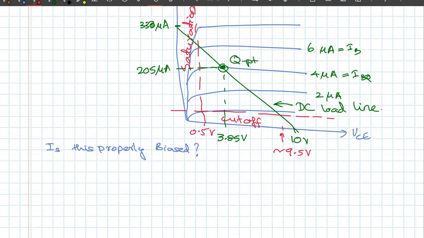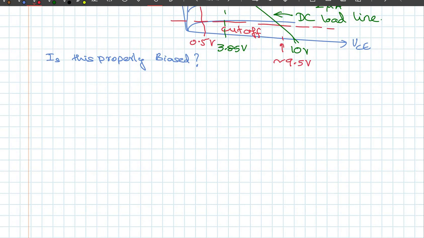Okay, so now let's look at the AC load line for the above circuit. When you are looking at the AC load line, you need to remember that we choose capacitors.